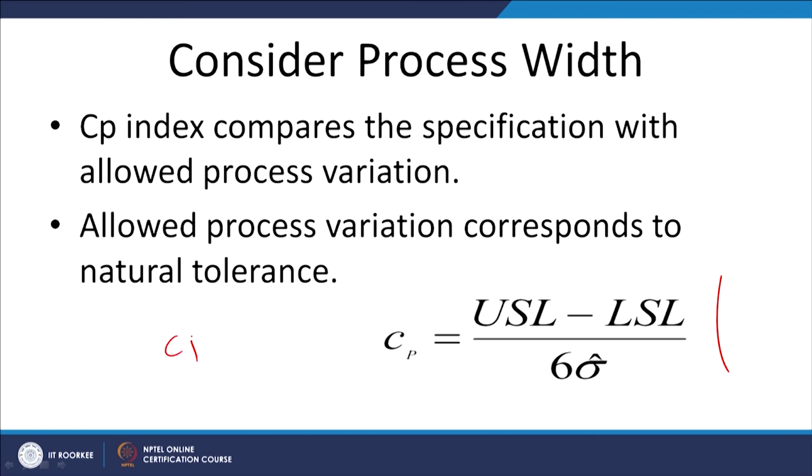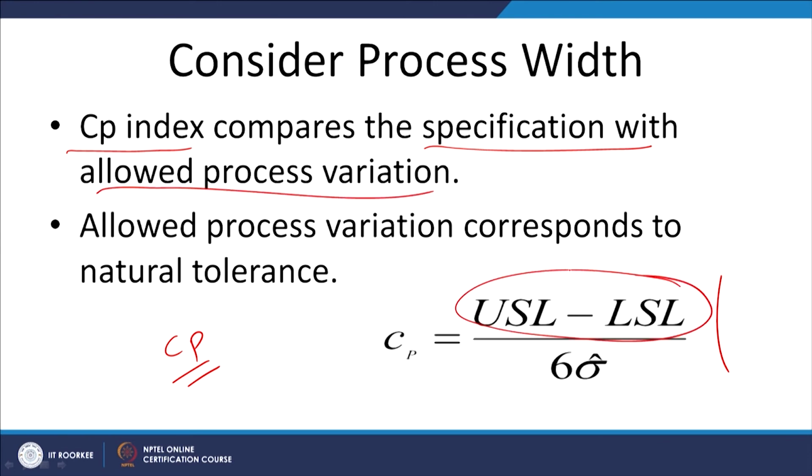So, Cp is one parameter, the process capability index Cp. This compares the specification with the allowed process variation. So, this is the upper specification minus lower specification divided by the allowed process variation, which is seen from, say, 3 sigma higher side, 3 sigma lower side.